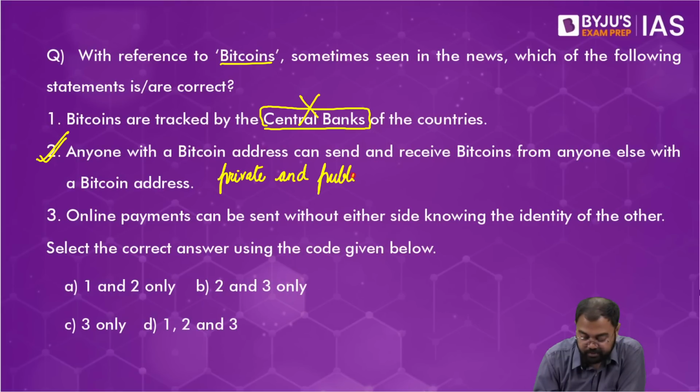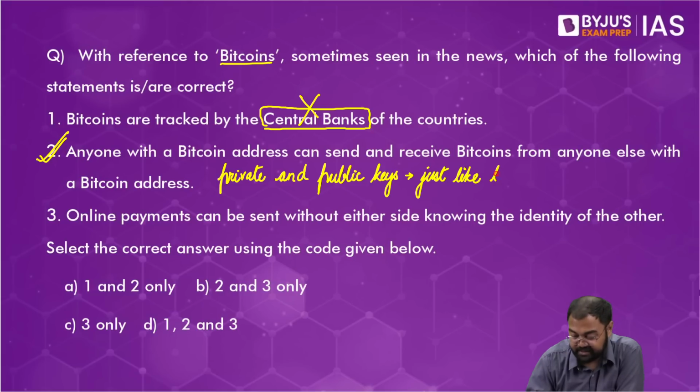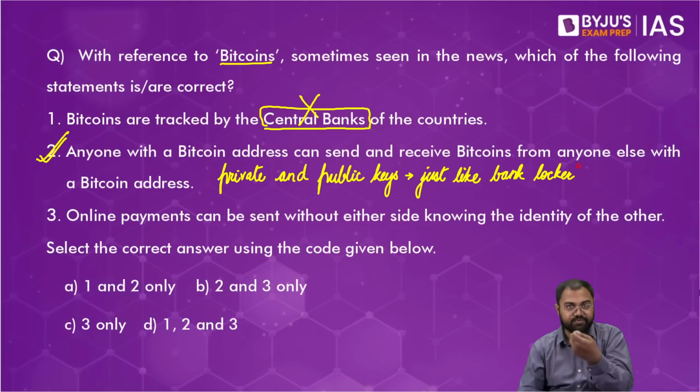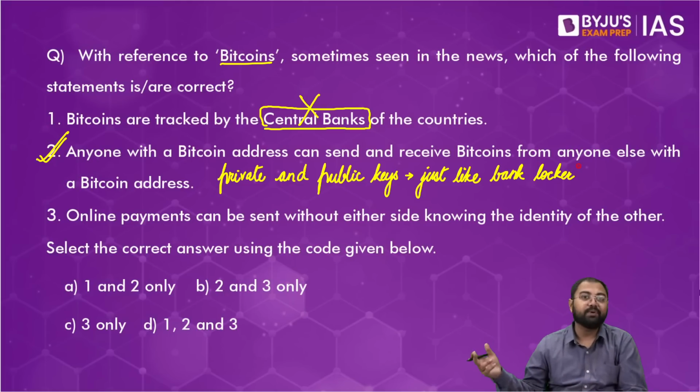Private and public keys are just like a bank locker. Why are we saying that? Because in the bank locker, there will be two keys. One key lies with you, and the second key will lie with the bank. And unless both the keys are used, you cannot open that locker.